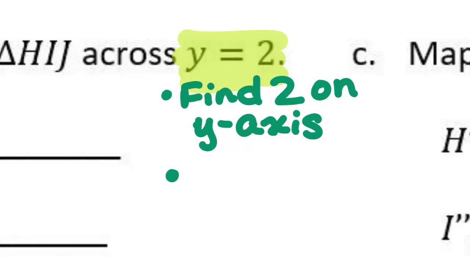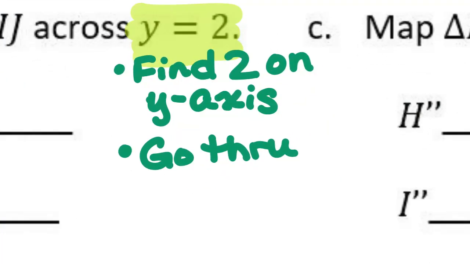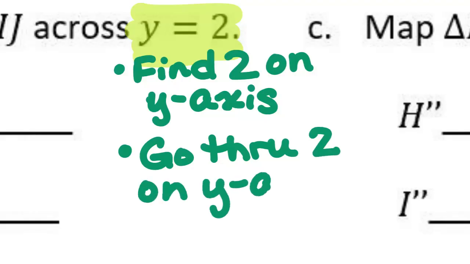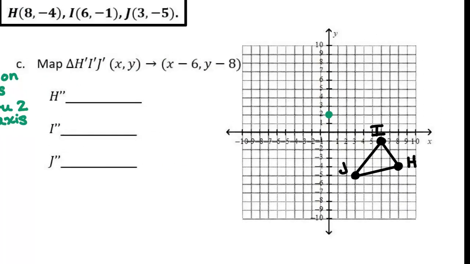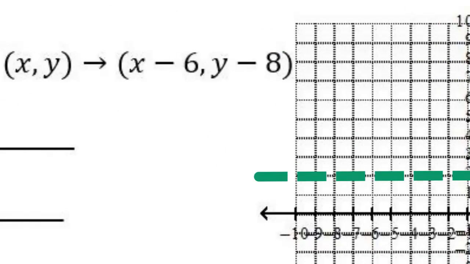And then we will go through 2 on the y-axis. If I'm going to go through the y-axis, I need to cut through it. This cannot be a vertical line. I need to go through it, so this is going to be a horizontal line. Right here is my line y equals 2.